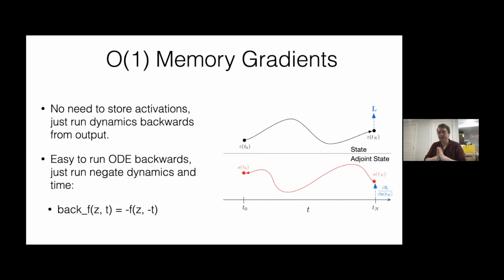So normally when we want to do the reverse mode chain rule, we have to store all the intermediate quantities of the functions we've composed. The cool thing about ODEs is that in principle, up to numerical error, you can just run the system forwards, get to the end, and then start there and run the system backwards with just negative dynamics and reconstruct your trajectory to arbitrary accuracy.